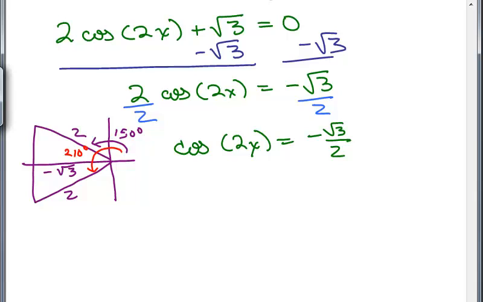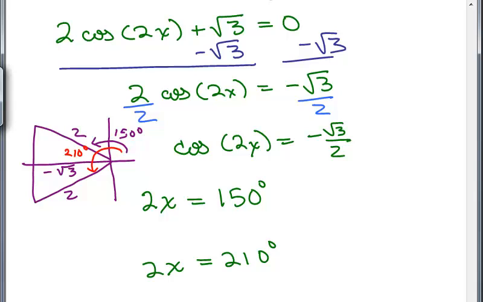So there are two angles in between 0 and 360 degrees. There's always 2 for the cosine, 2 for the sine, unless we're just going to get 1 or negative 1, for instance. So what does that tell us? There's two possibilities here. Either 2x can equal 150 degrees, or another possibility is 2x can equal 210 degrees.